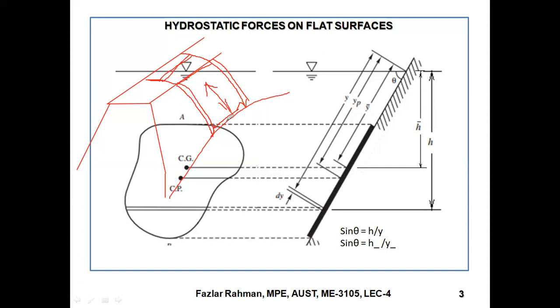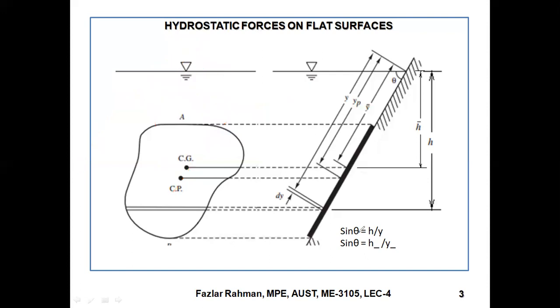This is an option. So the figure is showing an inclined surface, and on that inclined surface right over here is a metal or an object or plate. And on this side, the water height or height of the fluid.